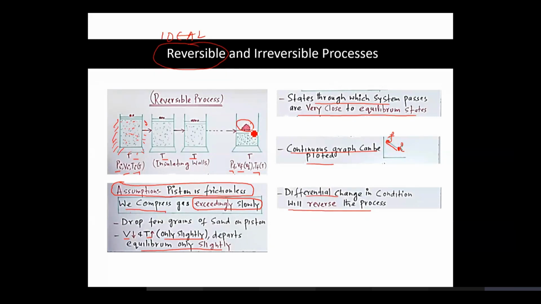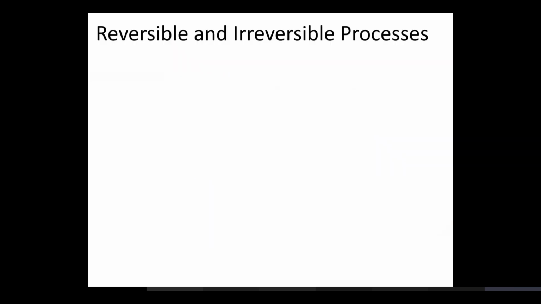For example, if I take two grains of sand out of here, it would come back to its previous position without any permanent energy transferred to the surroundings or lost in the form of heat, which cannot be recovered without any change in the surroundings. So this process becomes a reversible process.